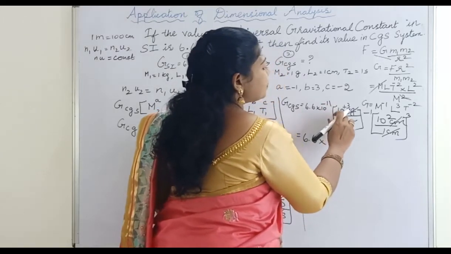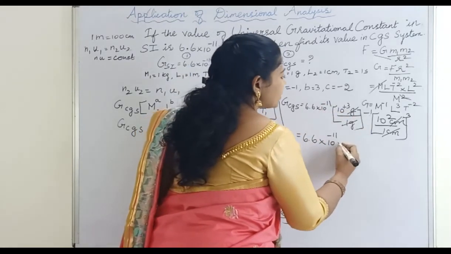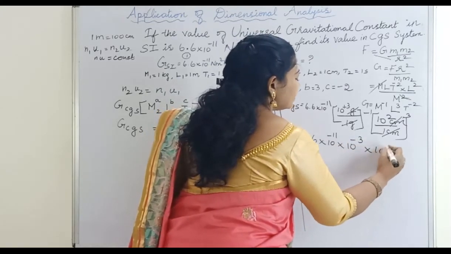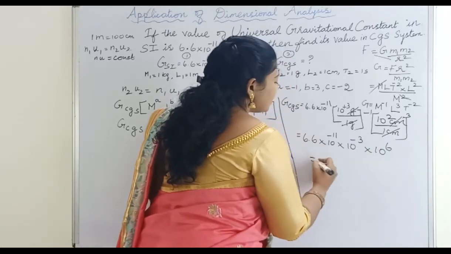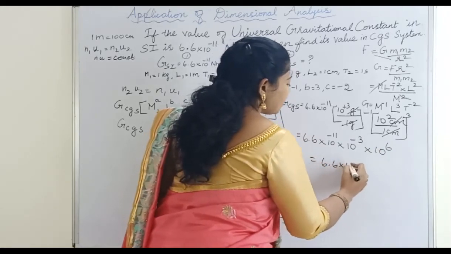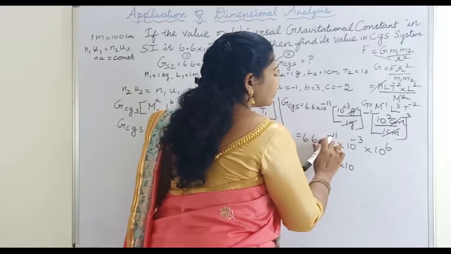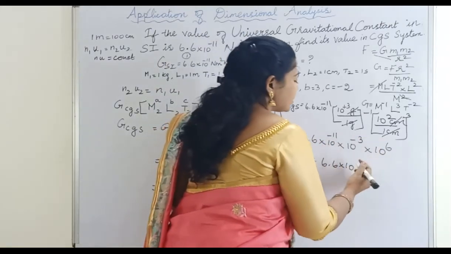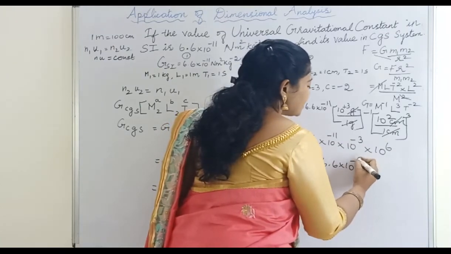Here it is 10 power plus 3 the whole power minus 1. So it is 10 power minus 3 into 10 power 6. So which is equal to 6.6 into 10 power, here minus 11 minus 3, so it is minus 14 plus 6, so it is minus 8.